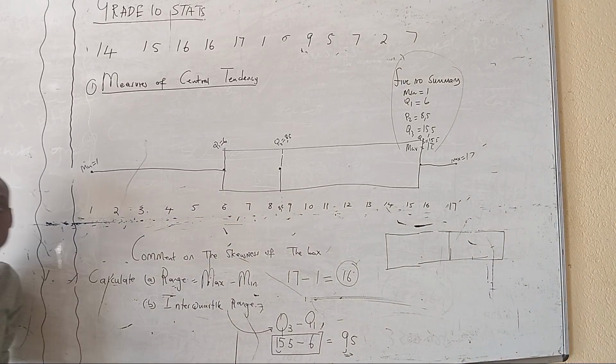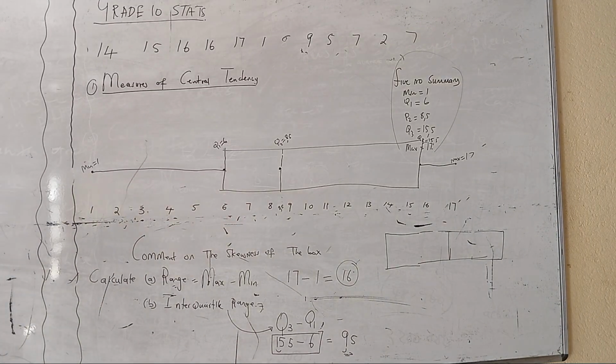That is your interquartile range. So don't confuse the two concepts. Don't confuse the range with the interquartile range. The range is the highest minus the lowest. What is the interquartile range? It's the upper quartile minus the lower quartile.